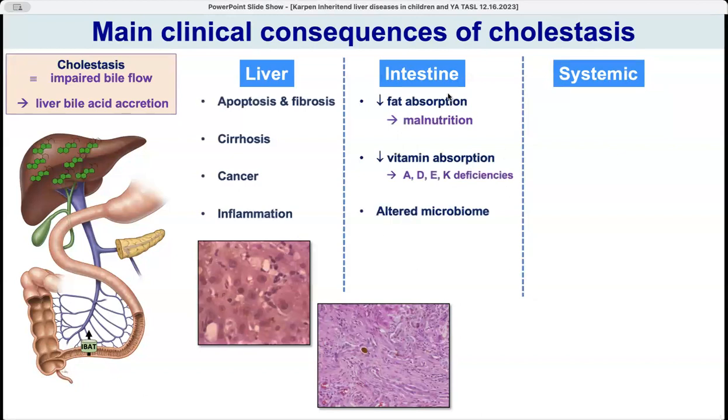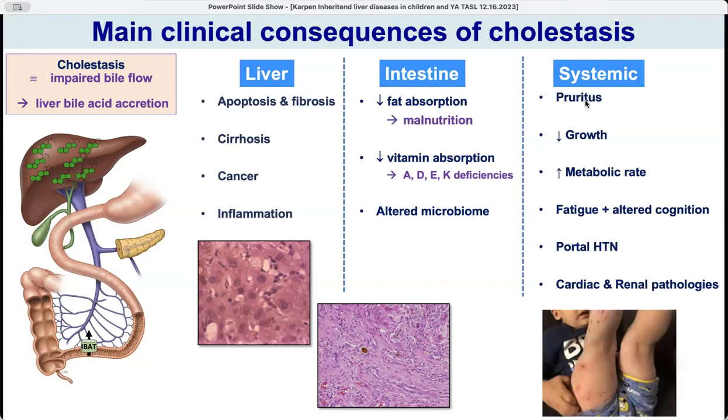Even worse in the neonate, because this person wants to grow in the first couple months of life, worse fat absorption because of the lack of bile acids and malnutrition, at times quite severe fat-soluble vitamin deficiencies, particularly D and K, and changes, of course, in the microbiome. But there are also real systemic consequences that even occur in the neonates.